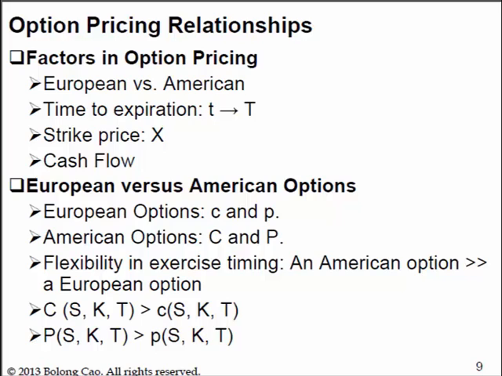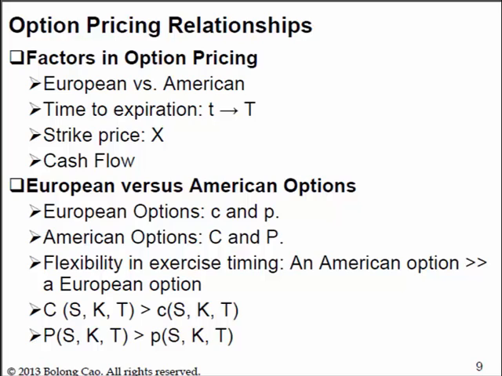Obviously you can exercise American options before their expiration, but for European options, you can only exercise them on the expiration date. There's more flexibility in exercise timing, so obviously American options are worth more than European options, for both calls and puts.